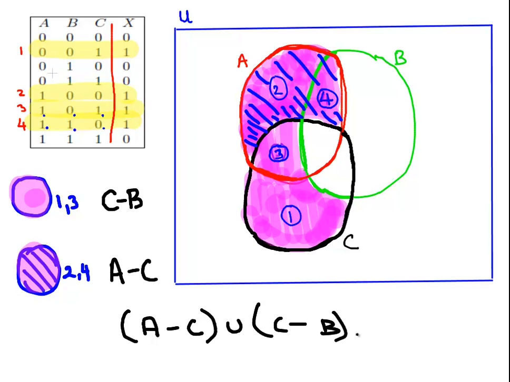There might be a couple of other equally valid answers, but they're probably a bit more complicated. The best thing to do is break it up into two very simple regions, for example, C minus B and A minus C. All right, that ends the presentation.